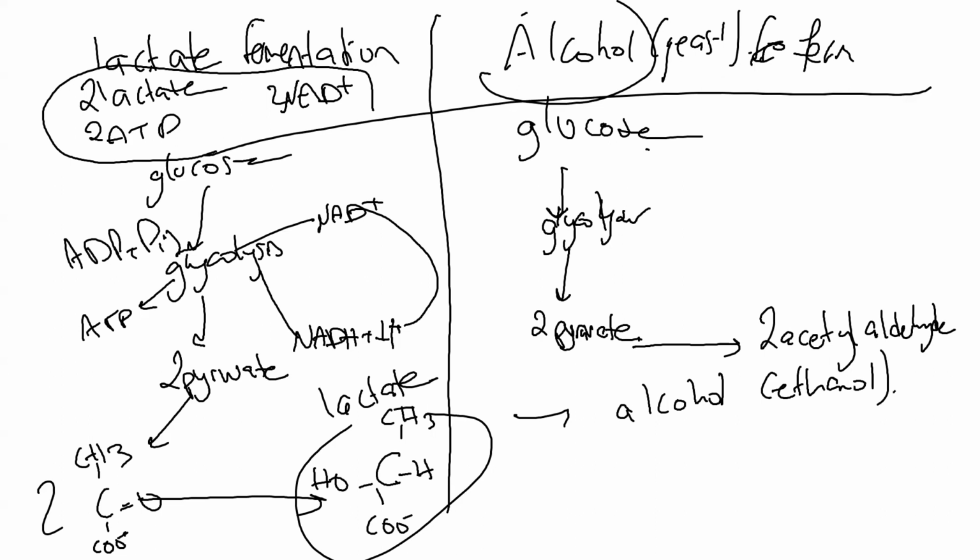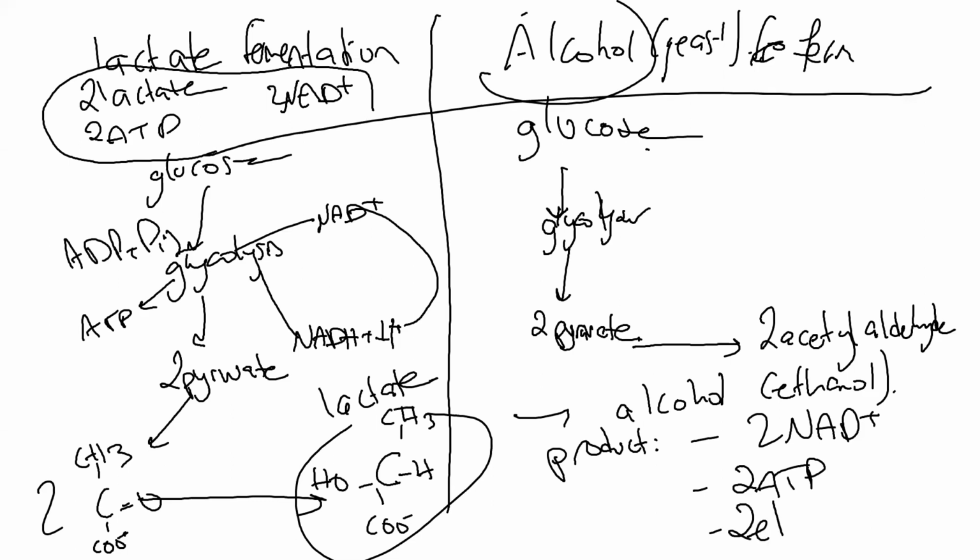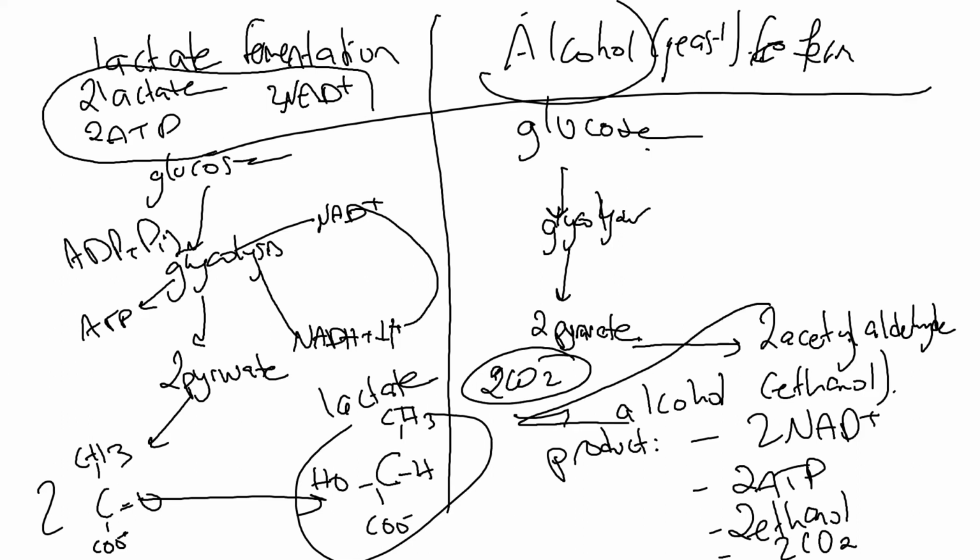So the products are 2 NAD plus, normally like the lactate fermentation, 2 ATP like the lactate fermentation, 2 ethanol, and of course 2 CO2. Why 2 CO2? Because when the 2 acetaldehyde become alcohol, it will produce CO2. So here it produces the CO2 in this reaction.